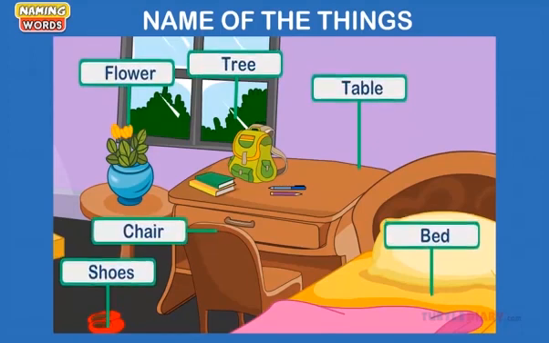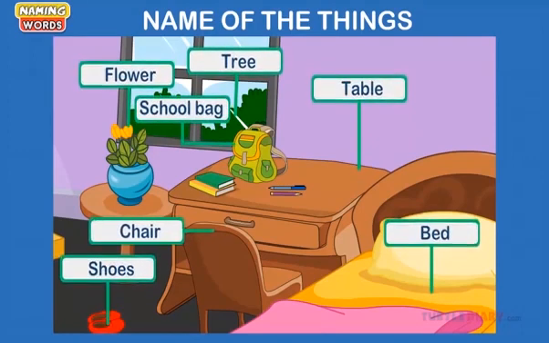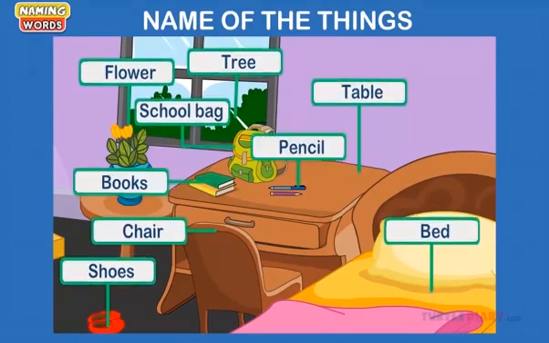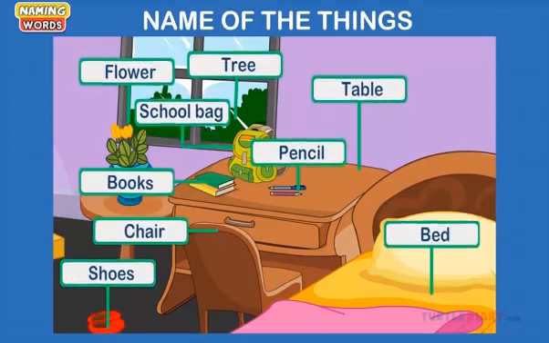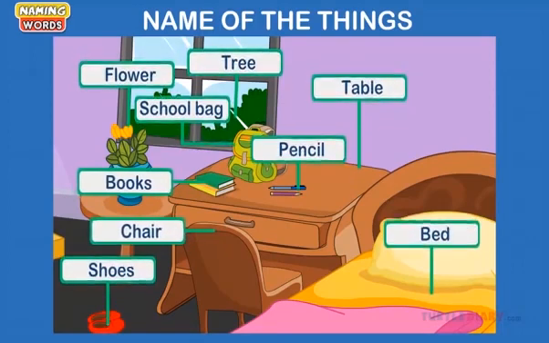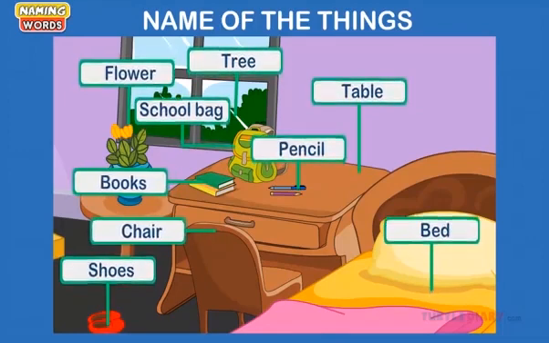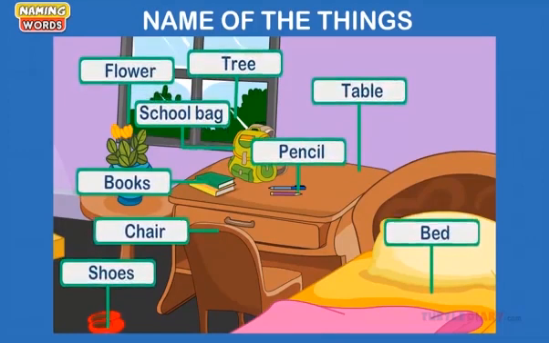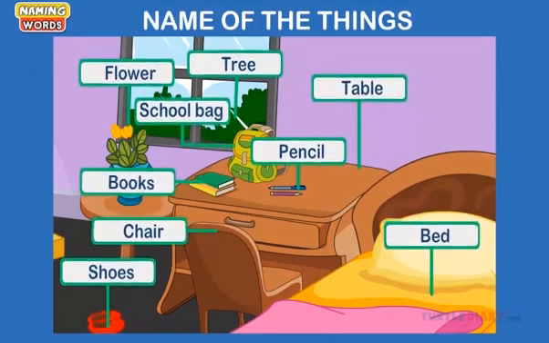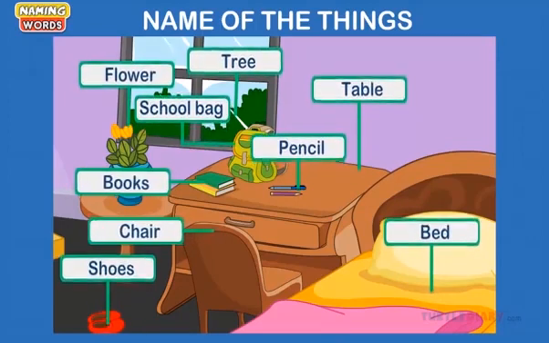Name the things that you have in your school bag. Books, pencil, these are all names of things. They are things as they cannot eat, drink, or move, like people and animals.